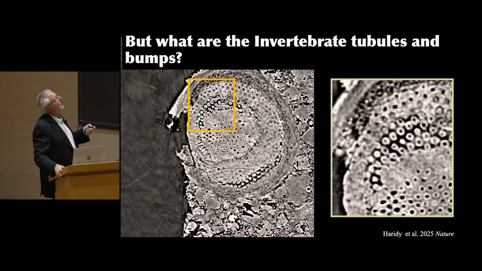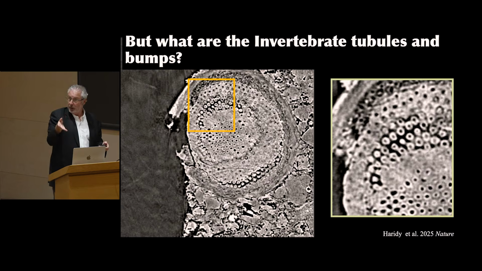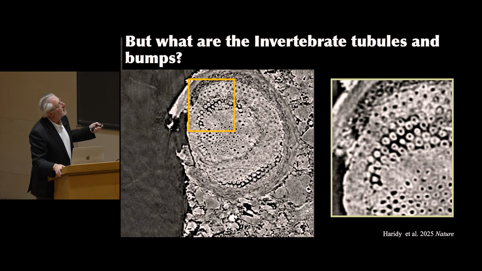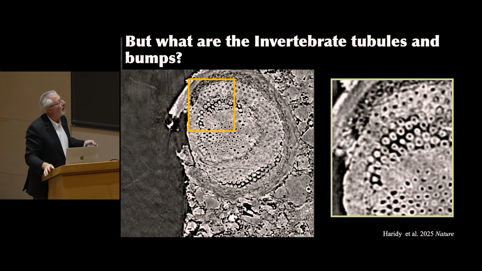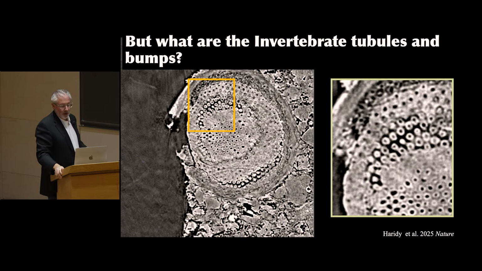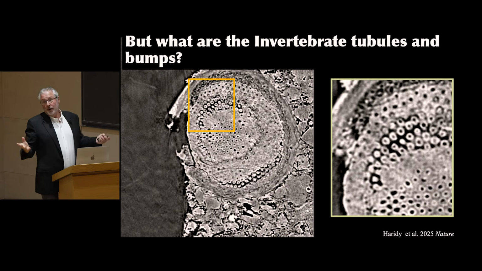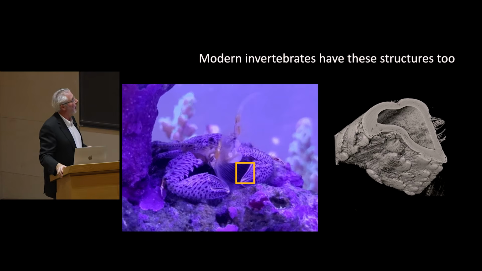And so what are the invertebrate tubules and bumps? Well, you look in here, and here's that agalaspid I showed you before. Remember that invertebrate, okay? Each of these little circular things you're seeing in cross-section is one of those tubules coming out at you. So you're seeing it in slice, right? That's kind of what it is there. Well, we scanned invertebrates. We scanned vertebrates, crabs, lobsters, you name it.